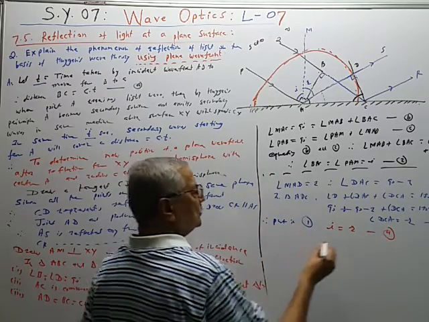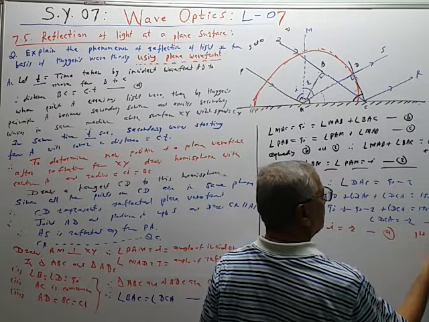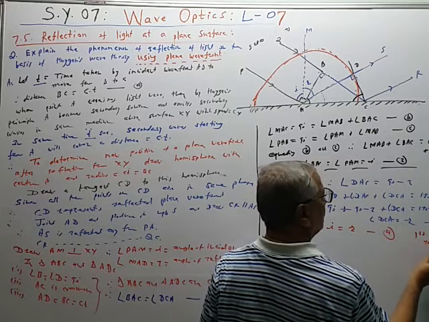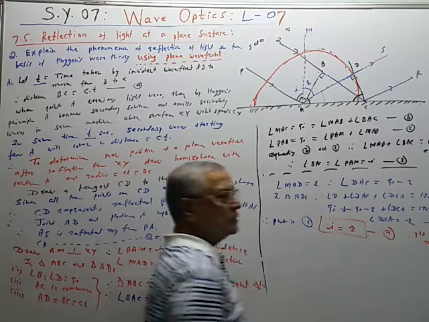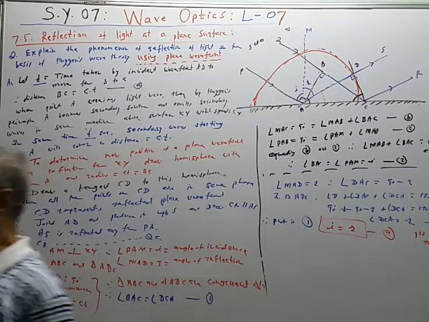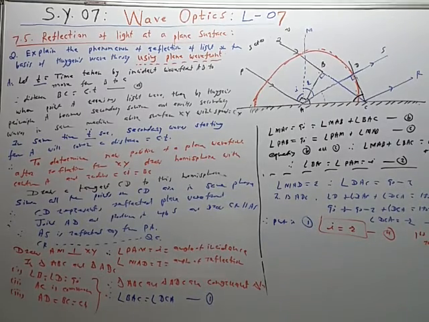So this is the first law of reflection. So the law of reflection is verified. आपल्याला I is equal to R प्रूव्ह करायचं होतं, तरी आपण हायगन्स वेव्ह थिअरी यूज करून प्रूव्ह केलं ते. So angle of incidence I is equal to angle of reflection R.